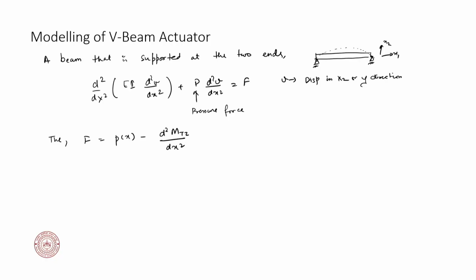You are expanding in x, you have a thermal gradient in x, and that is causing the beam to deflect. So, what is the effect of temperature? That it is not allowed to expand, it is pinned at the two ends. It is not allowed to expand, that is why it is creating a moment due to this force of expansion, and that moment is causing it to rotate, and this effect of the moment is given over here.